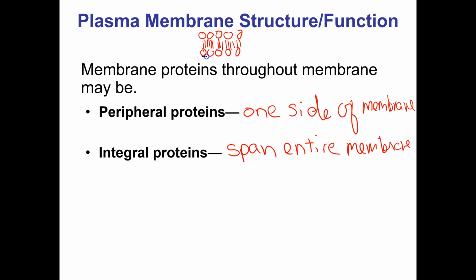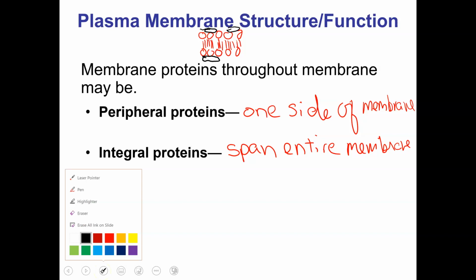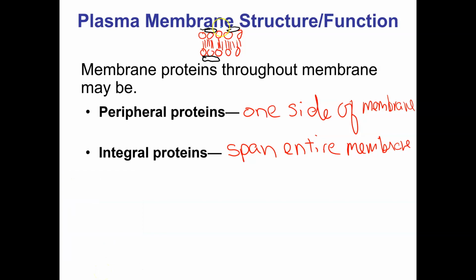A peripheral protein would sit on the ends like that, okay? Whereas an integral protein is going to move all the way through. So it's going to be found spanning all the way through, going across. That's the major difference between these two types of proteins structurally, and they have different functions as well.